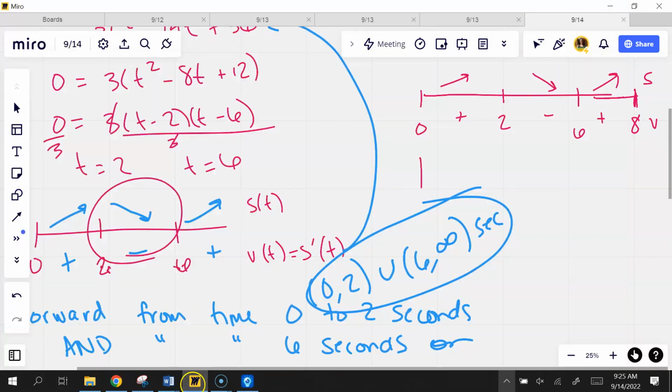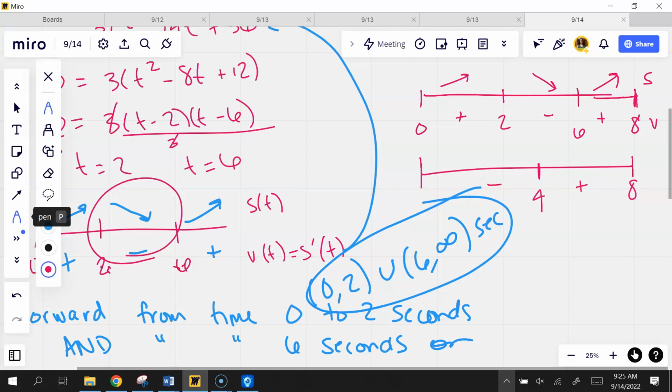So 4, here's my same number line, right, to 8. This time it's divided at 4, which is exactly between here. And it goes negative, positive. So now if I divide this up, I may be confusing you more dividing it the way that I am.